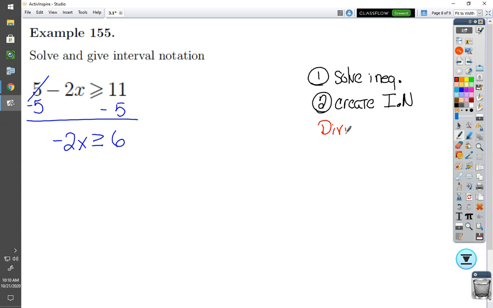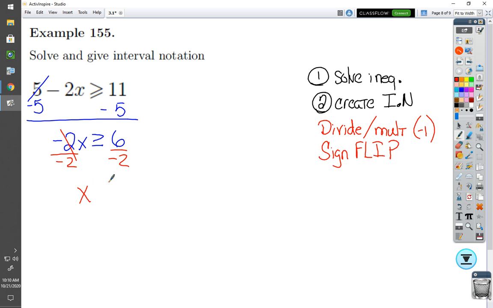If you divide or you multiply by a negative number, I don't care what negative number it is, the sign will flip. So when I divide this number by -2 on both sides, x less than or equal, it flipped itself, -3. You gotta remember that one. That one's like a big caution right there.